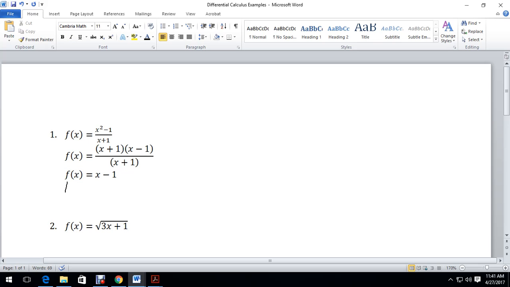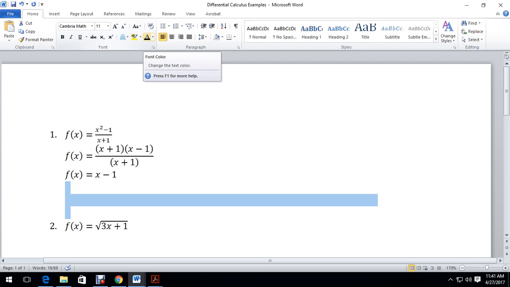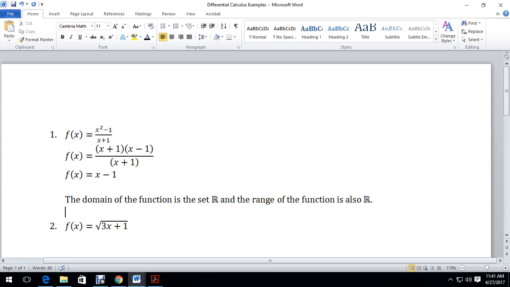Now, trying to answer the question, what would be the domain and what would be the range of our function? The domain of the function is the set R. Obviously, any value for x can be assigned, or any value from R can be assigned in x. You can assign 0, you can assign positive integers, positive rational numbers.